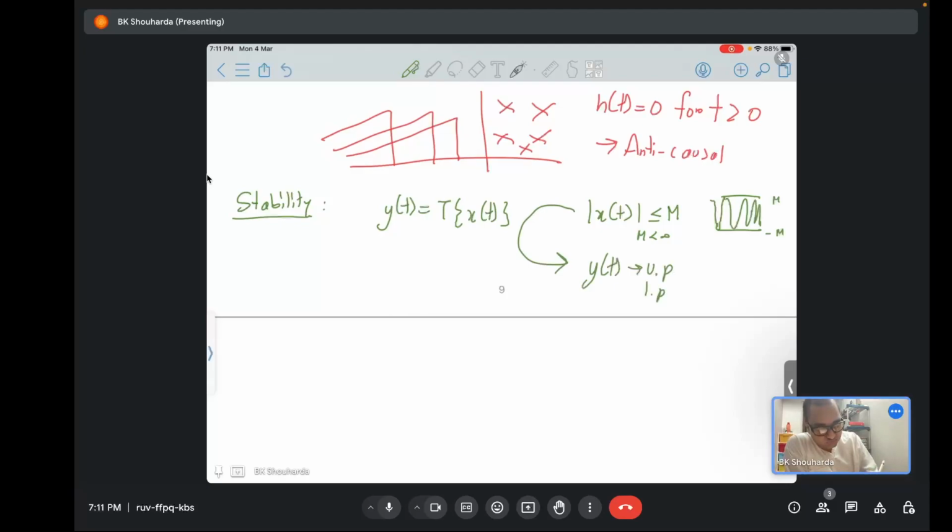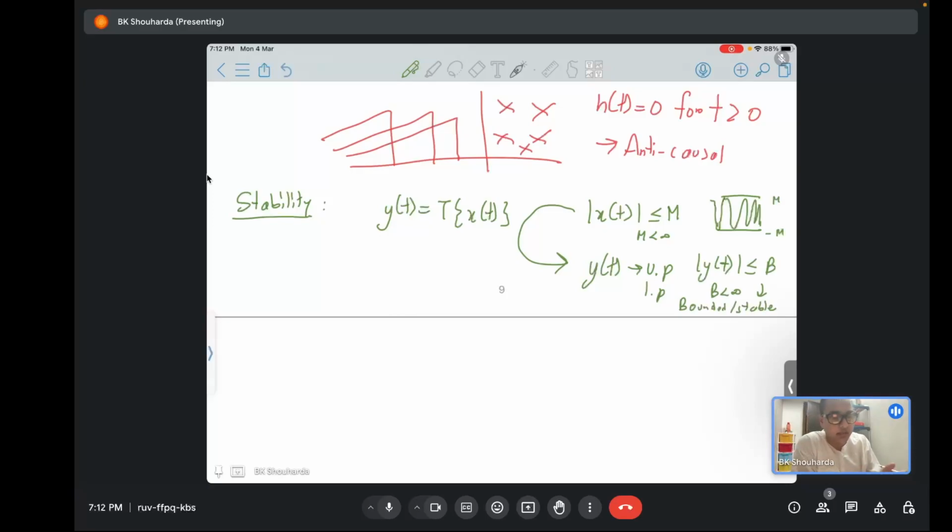If both the bounds or either of the bounds are infinity, then your system is unstable. So if the magnitude of y(t) is bounded by some interval B, and B is finite and you can determine B, then you say that the system is bounded or stable.